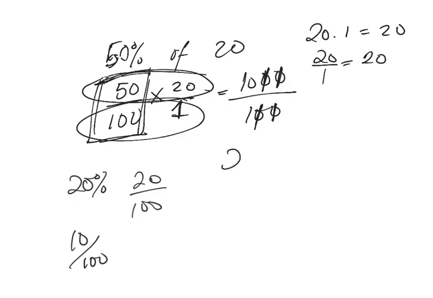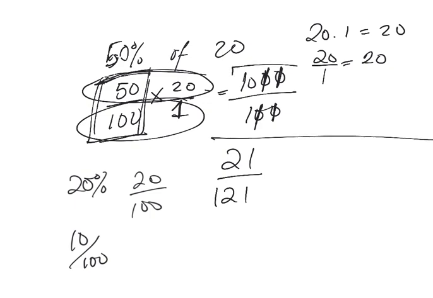If you had 21 divided by 121, you can't cancel the ones. So this only works here with the zeros. Now, when you cancel this 0 and this 0, you're left with 10. So the answer is 10. 50% of 20 is 10, but we've also shown how that can be done. That is very important to note. It is important to show how you can do it mathematically and using arithmetic.